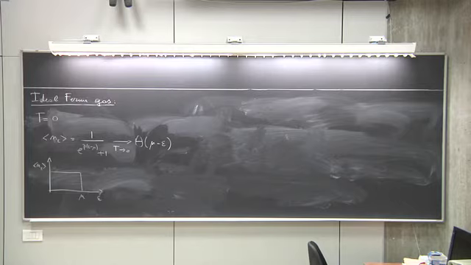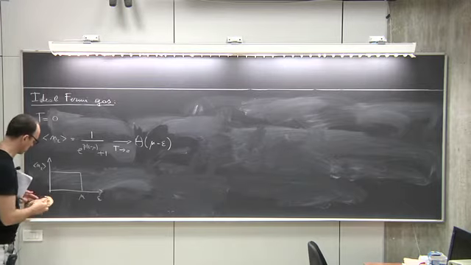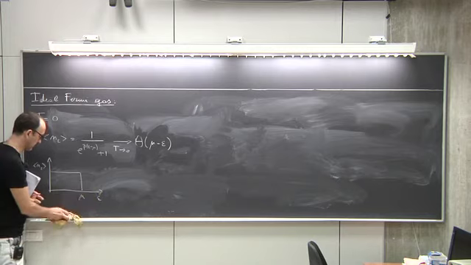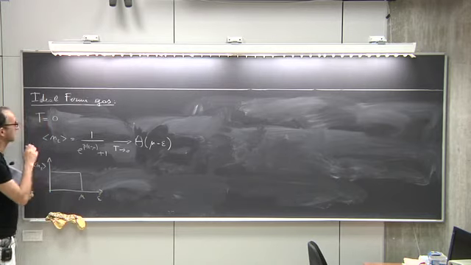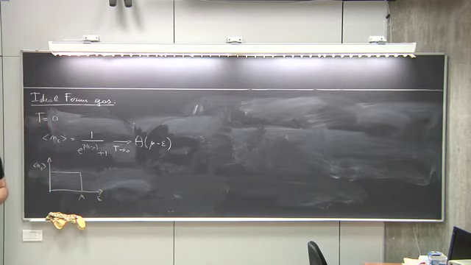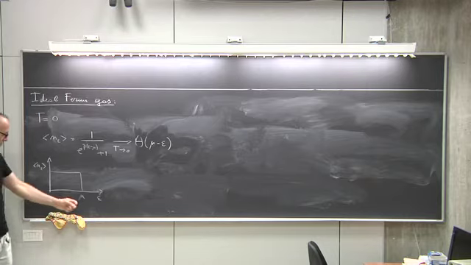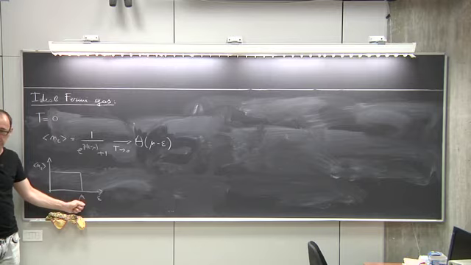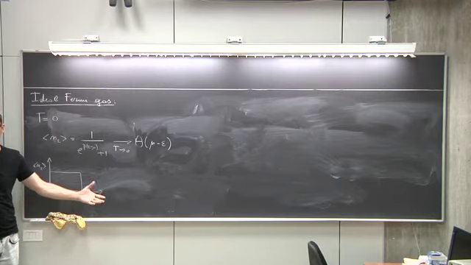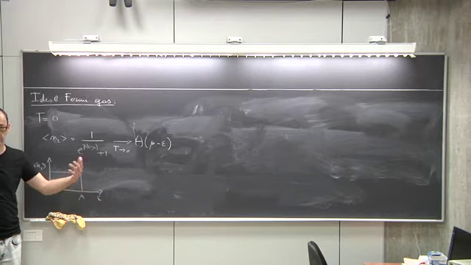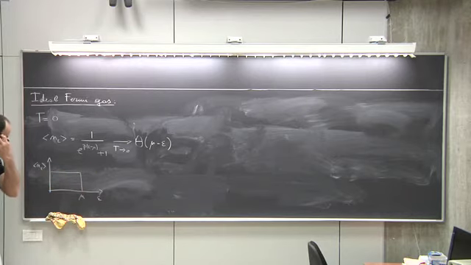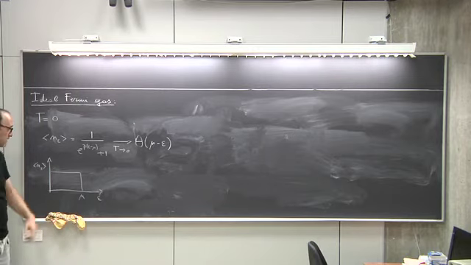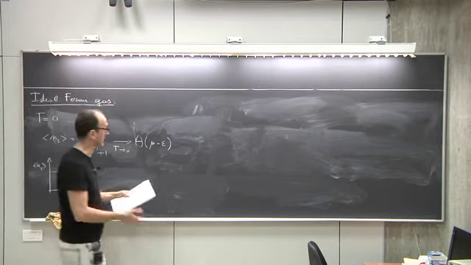Now, in order to compute the physical properties of my system at temperature equal to 0, what I only need to do is to compute mu as a function of n, volume, and the density.